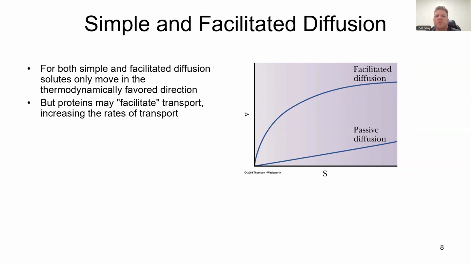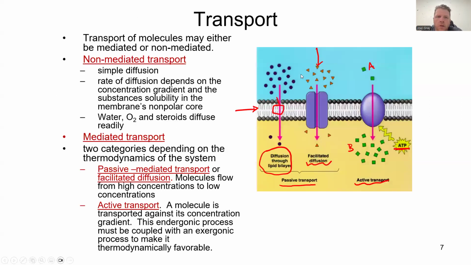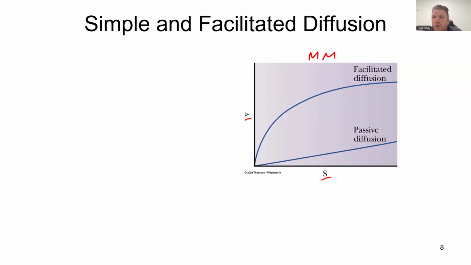So if we think about simple and facilitated diffusion, what you should see is that we've got velocity versus substrate concentration, which is a Michaelis-Menten plot. Whenever you look at the facilitated diffusion line, going back to our previous slide, facilitated diffusion is protein dependent.